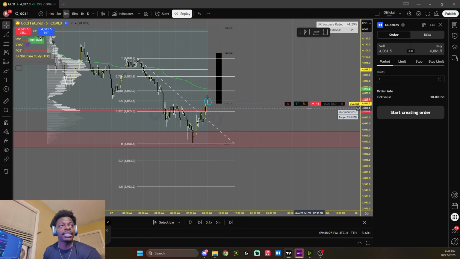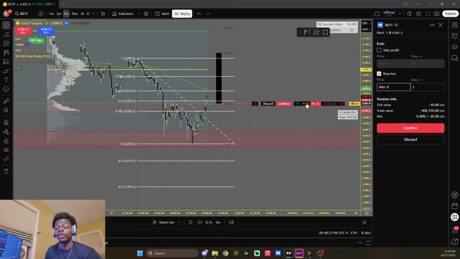The best place to place your stop loss, which is another reason I love low volume nodes, is that it offers great entries. So your trade and your risk to reward ratios are going to be off the charts. You don't have to wait for candles to close.